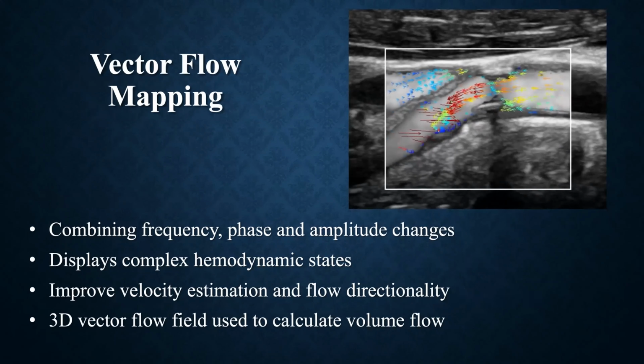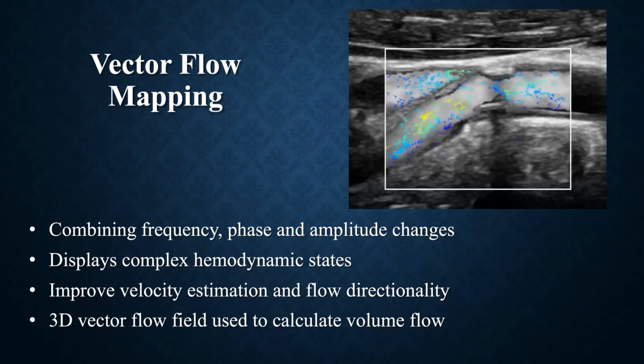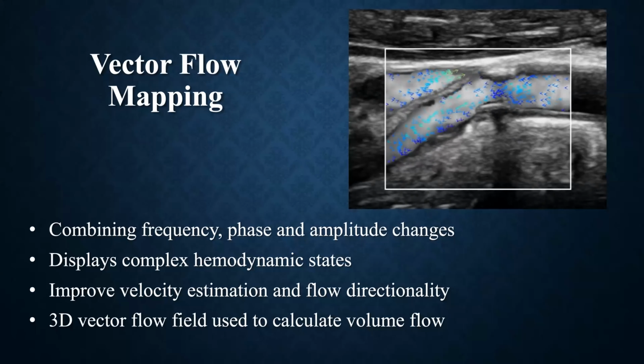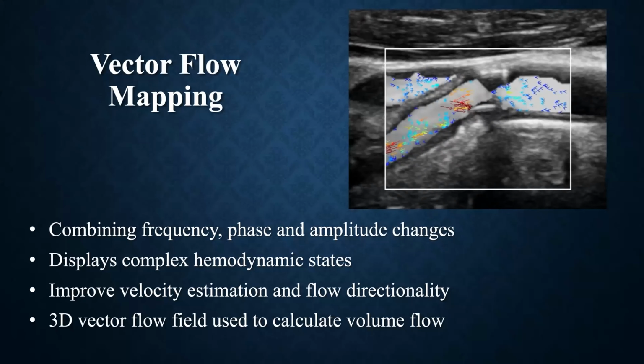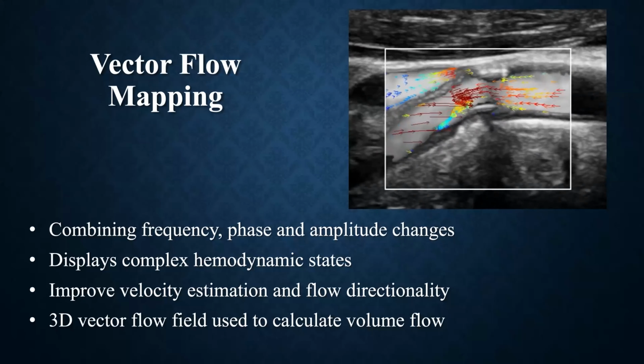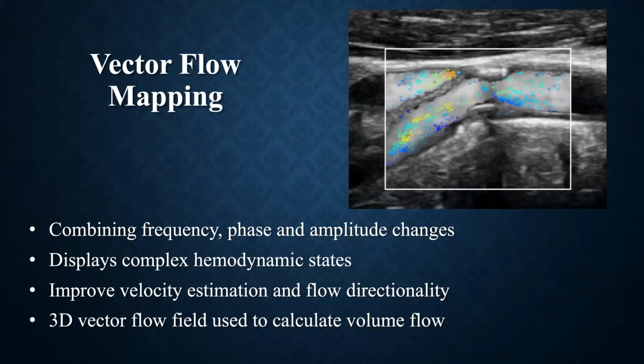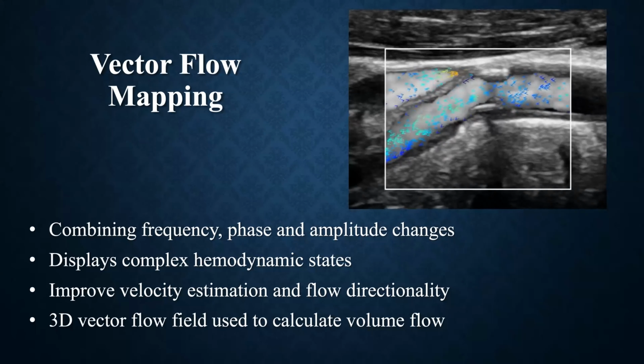It can help us to improve velocity estimation and flow directionality. And the hope is that in a short time, we'll be able to use these 3D vector fields to calculate volume flow without needing to go to Doppler measurements, so that they would be more reproducible and more accurate in being able to determine velocity and degree of stenosis.